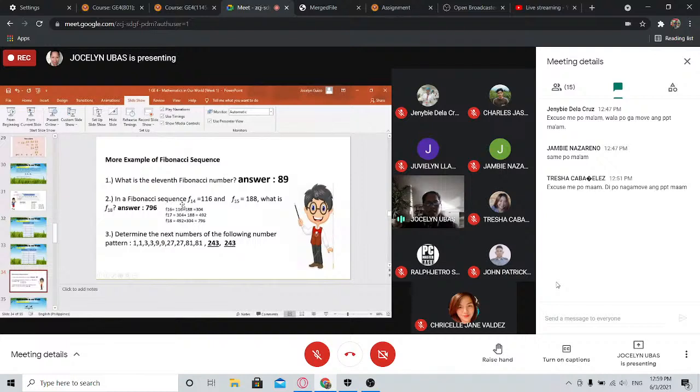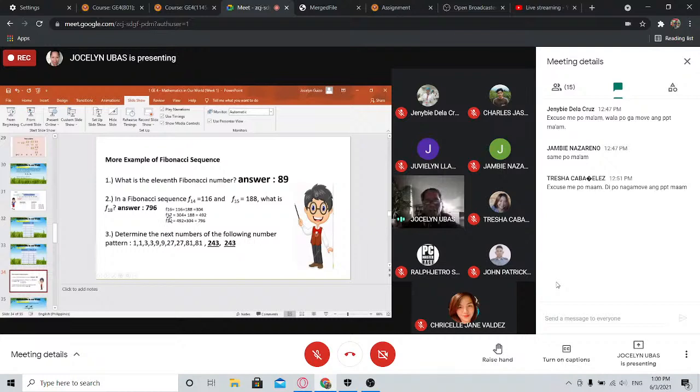In the Fibonacci sequence, term 14 is equal to 116 and term 15 is equal to 188. What is term 18, class? The answer is 796. How do you obtain that? Determine first your term 16, by adding terms 14 and 15. So 116 plus 188. For term 16, we have 304.